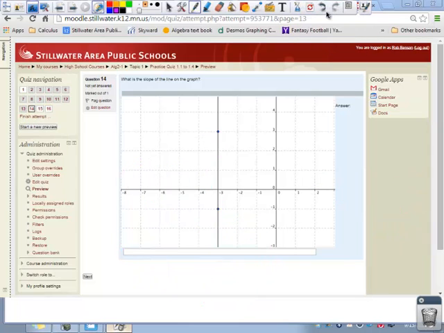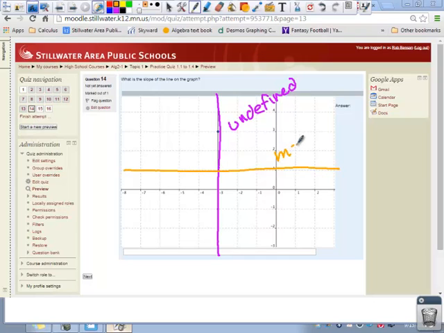Remember that? So this vertical line right here has an undefined slope, okay? If you were dealing with this line, this is a horizontal line. This has a slope of 0. But this one, the slope is undefined, this vertical line right here.